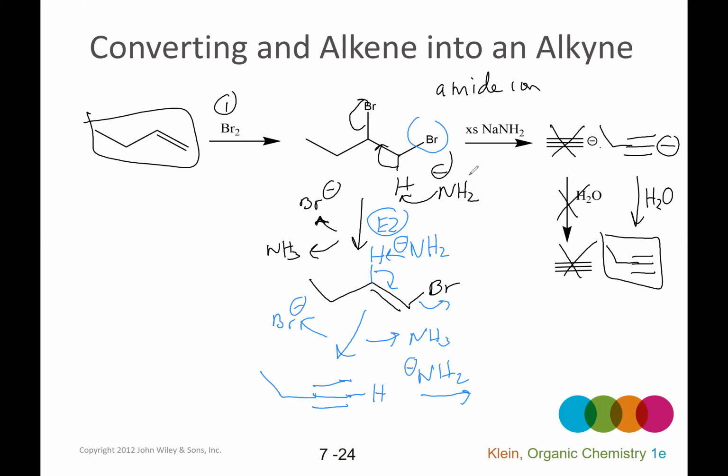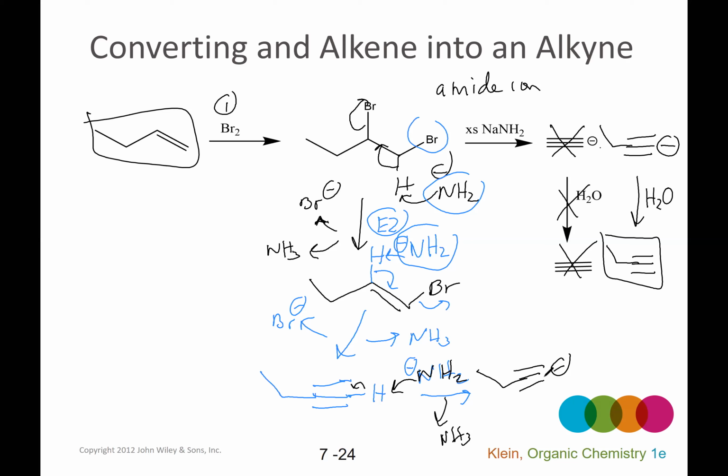So one equivalent, two equivalents, three equivalents. That takes off this hydrogen in an acid-base reaction. So you get the conjugate base, and ammonia is kicked off. The reason that's done is that it drives the reaction to completion.